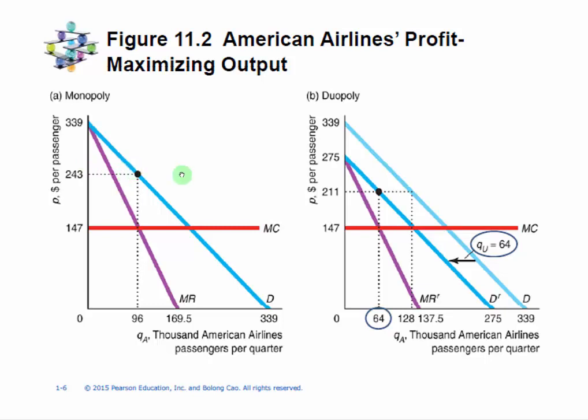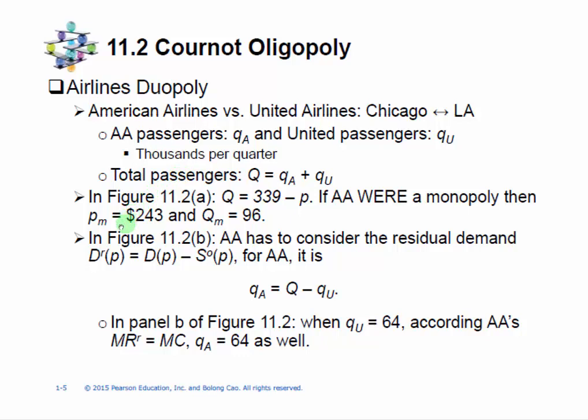But this market is not a monopoly. We have a competitor for American Airlines, that's United Airlines. And then American Airlines has to consider the so-called residual demand, which is, at a certain price, the quantity demanded faced by American Airlines: the total market quantity demanded minus the supply at that price by the competitor.